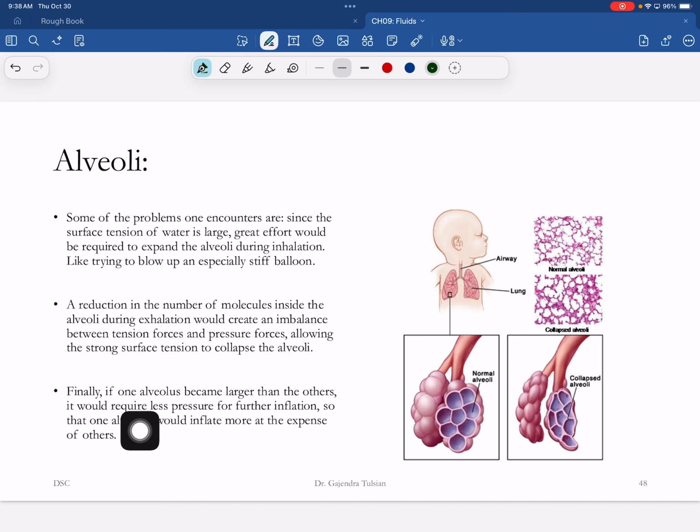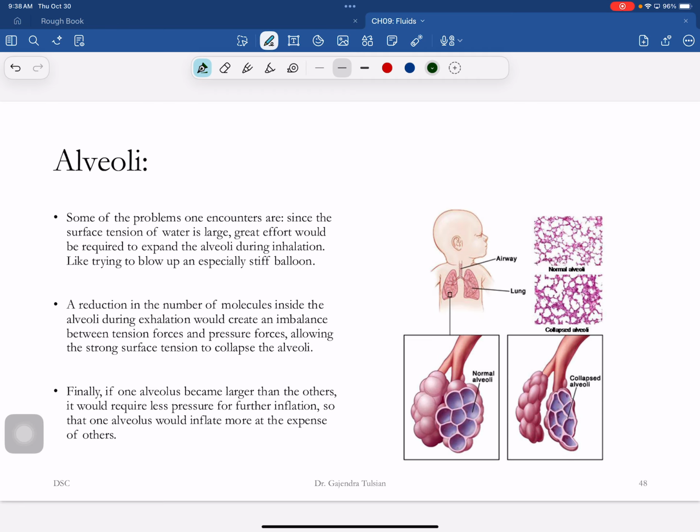Now here's the amazing thing about alveoli. They're like a rubber balloon. If the rubber balloon is stiff, it's harder to blow it up, right? And if it's too soft, what is the problem? You blow it, it could burst. Very good. So the body has to solve this problem.